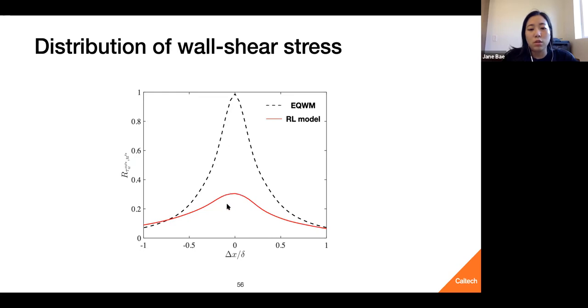This is actually the value that you obtain when you look at DNS data, so 0.3 is about what we expect from a physical flow. So on top of getting pretty impressive predictions of the wall shear stress, the relationship between the wall shear stress and the flow itself is more physical in our reinforcement learning model.